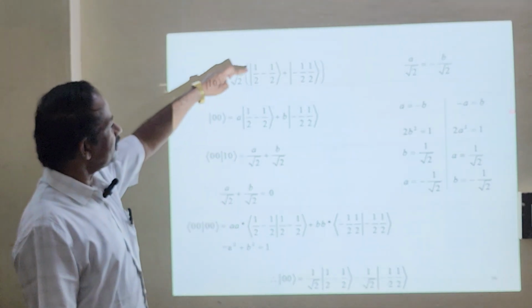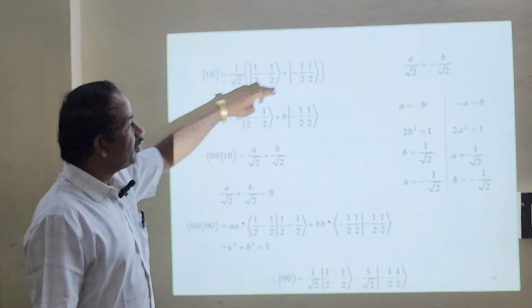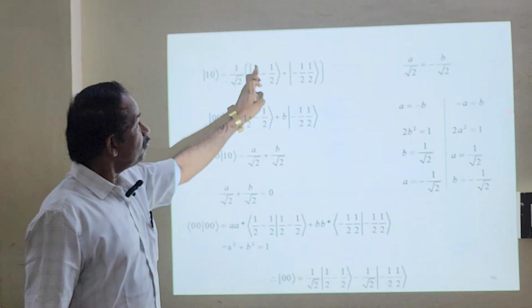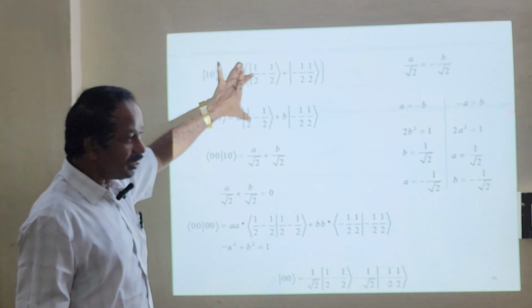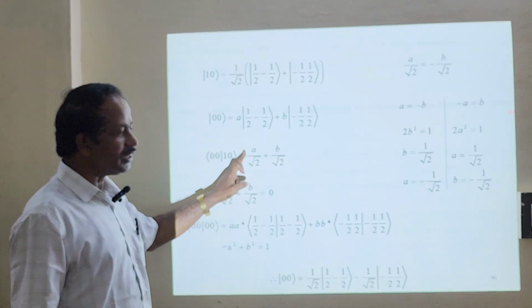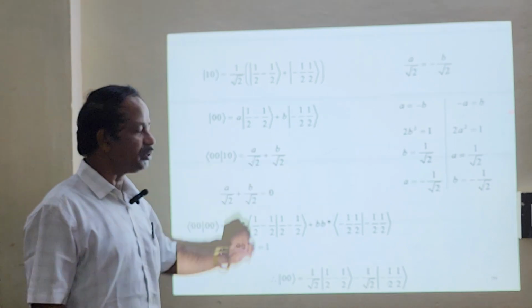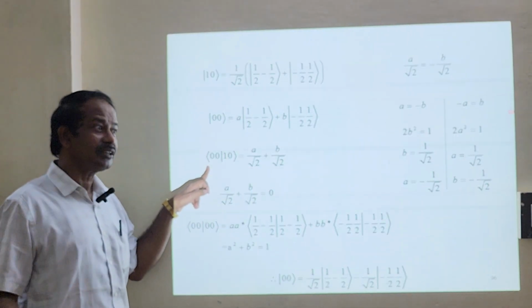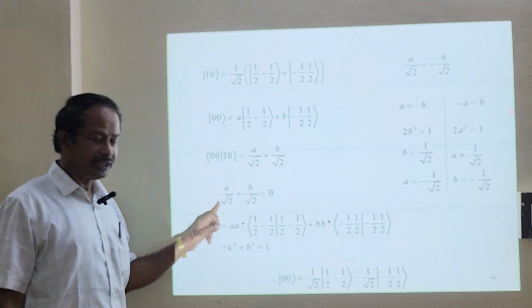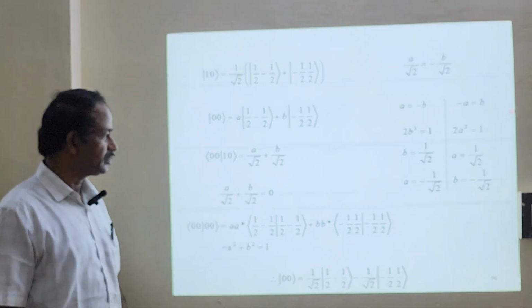If you multiply this and this, answer will be 1. If you multiply this, answer will be 1. If you multiply this one, answer will be 0. If you multiply this, answer will be 0. This alone will exist. You will get A by root 2, here also B by root 2. So this answer will be 0, orthogonal property. So your A by root 2 plus B by root 2.